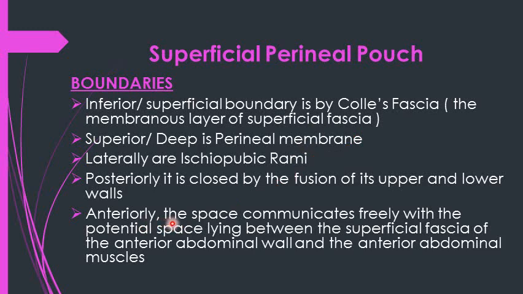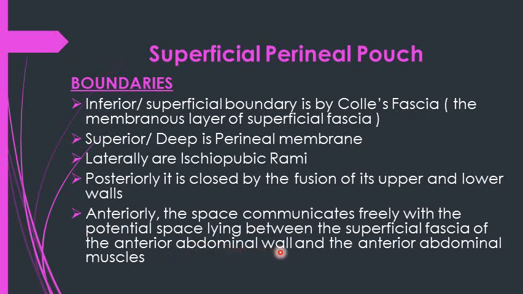Anteriorly, the superficial perineal pouch has an open communication; it is continuous and communicates freely with the potential spaces present between the superficial fascia of the anterior abdominal wall and the anterior abdominal muscles.